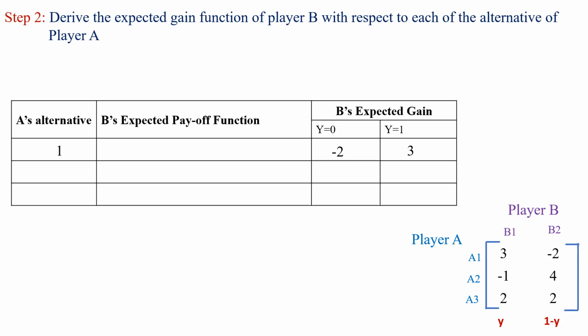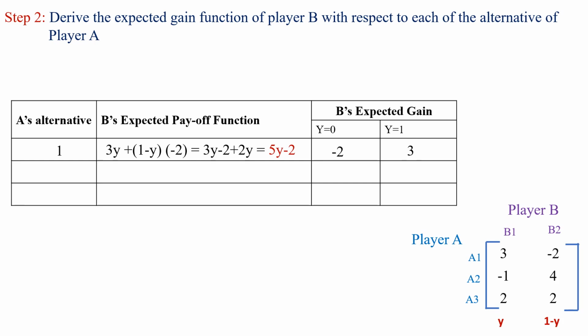The next column is B's expected function. For this, we multiply the first strategy elements with y and 1 minus y, that is 3 into y plus 1 minus y into minus 2. So this becomes 3y minus 2 plus 2y, equal to 5y minus 2.